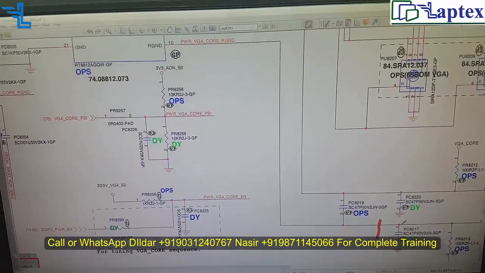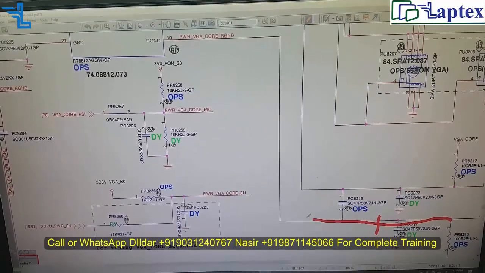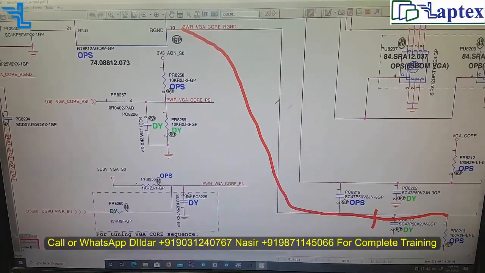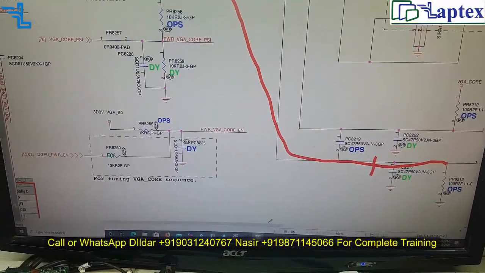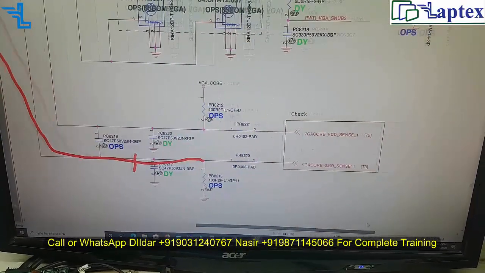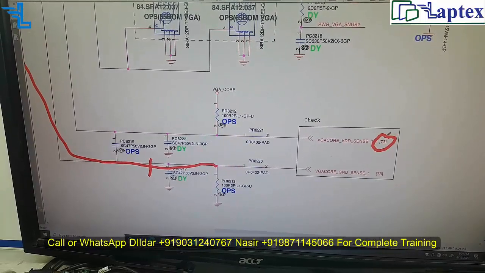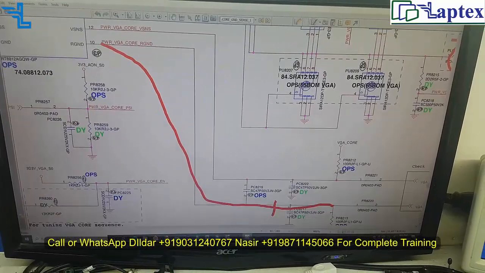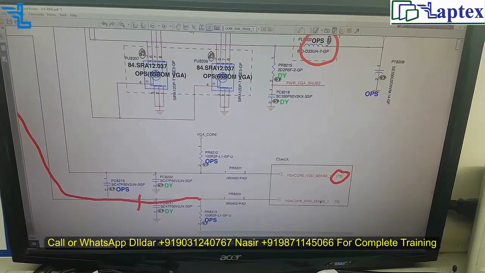So I have connected a jumper wire through this resistor to this point. This is the thing I have done in this motherboard. Now as you have seen the jumper wire, this is page number 73, the signal. If you talk about this area, where this signal is coming from, these two things are required.